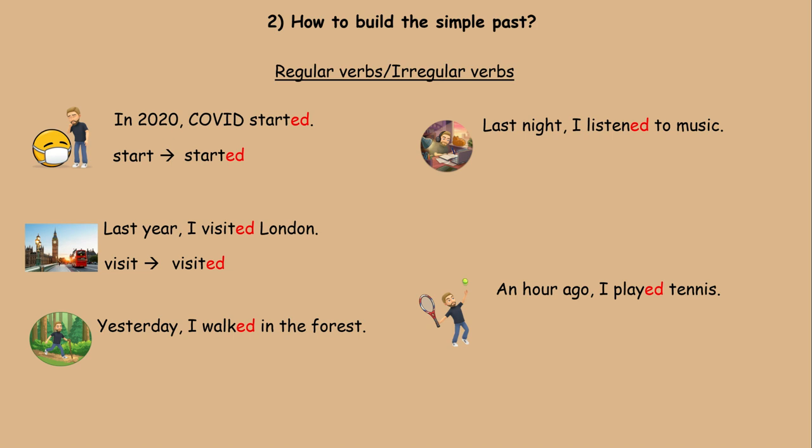The third sentence, the verb is walk, the simple past is walked. The fourth sentence, the verb is listen, and the simple past form is listened. And in the last sentence, the verb is play, and the simple past form is played.